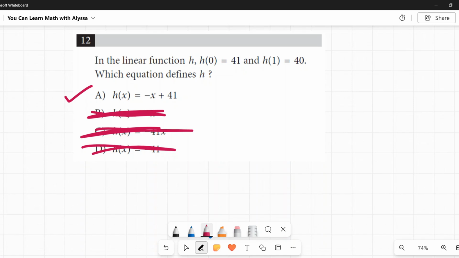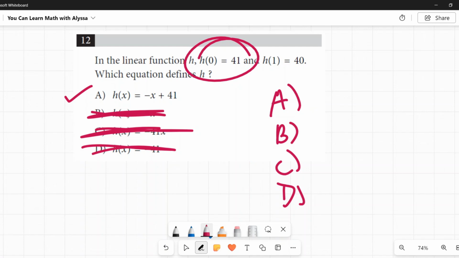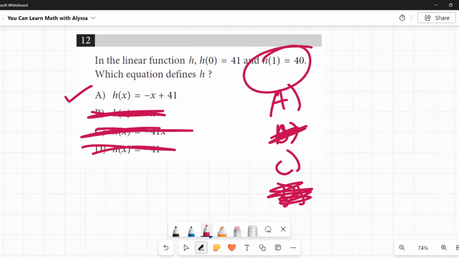Personally, I think that's a little sloppy on the SAT board's part. It's unlikely, I'm going to say, that you're going to get something like this on the day. Most likely, you're going to have an A, B, C, and D in this kind of thing. And usually at least two of them would fit the first one, say maybe A and C, and then you'd have to test to see which one of those would fit the second one.